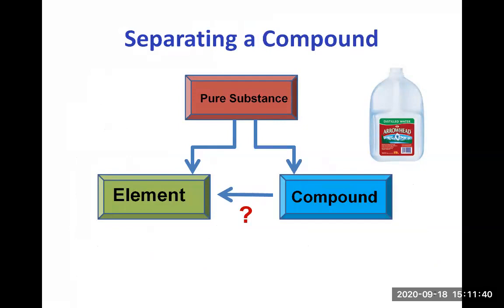It's going to be pieces of atoms instead of atoms. So we cannot go more down than at the size of an element. But can we separate a compound and retrieve the elements that are composing that compound?